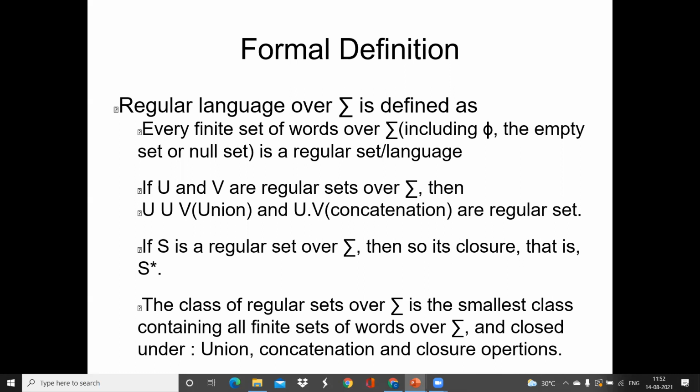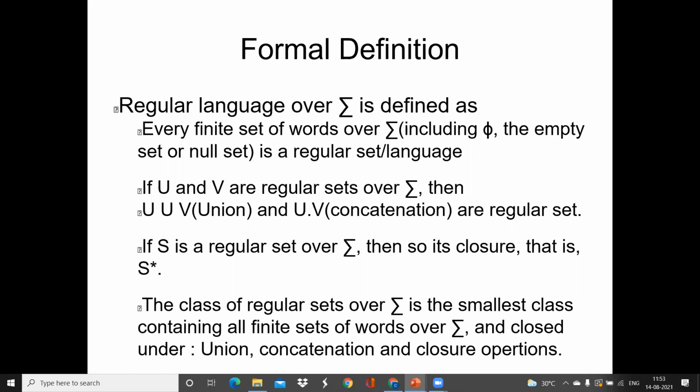So if U and V are regular sets over input alphabet, then their union and their concatenation are also regular sets. Here U and V represent the languages, because they are regular sets. A regular set is nothing but the collection of words or strings over input alphabet. So if you perform this union or concatenation operation, whatever you get is also your regular set.